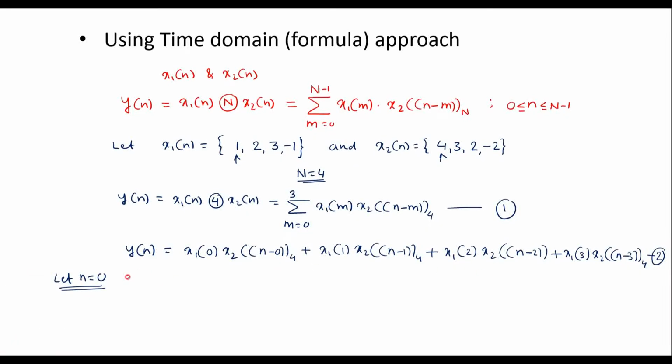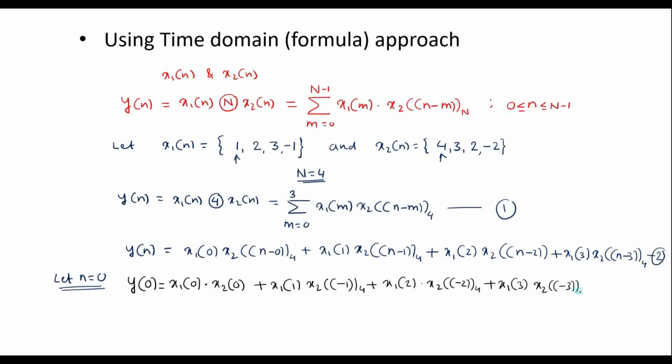Now equation 2 can be represented as y of 0 is equal to x1 of 0 x2 of 0, plus we have x1 of 1 x2 of, when n is 0 it will be x2 of minus 1, plus we have x1 of 2 into x2 of, n is 0, it will be minus 2, plus x1 of 3 x2 of minus 3.